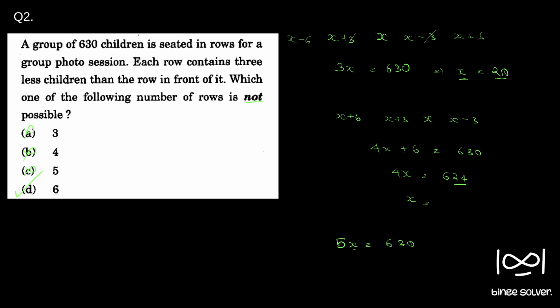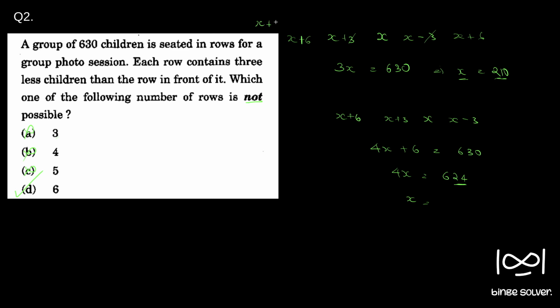So in case you want to check, we can use the same method. This is the 5 numbers, so we can put one more in front of it. Sorry, it was x plus 6 here. We took 4x plus 6 only, so x plus 6.